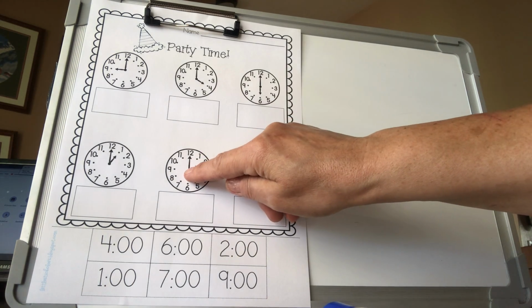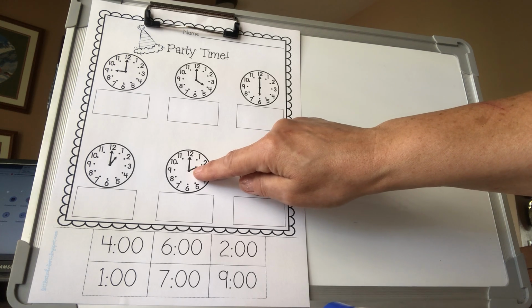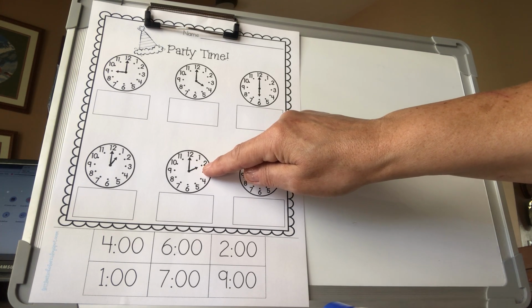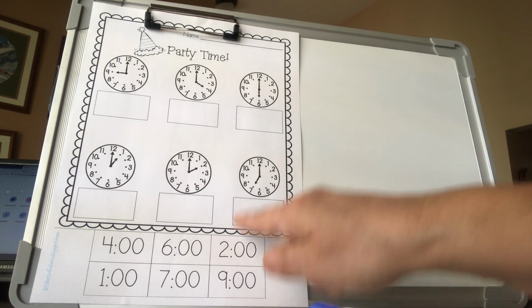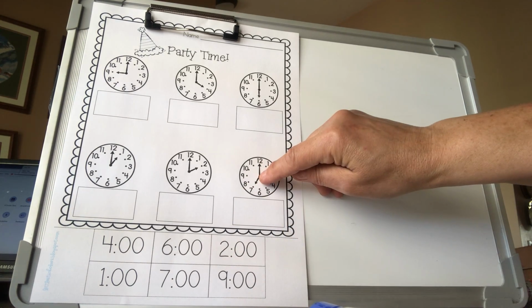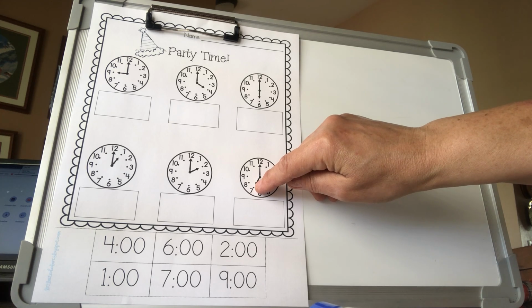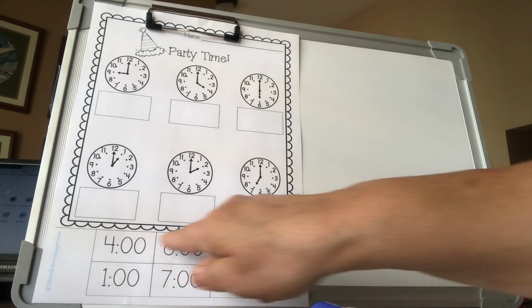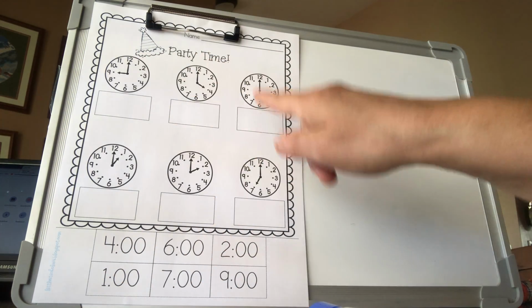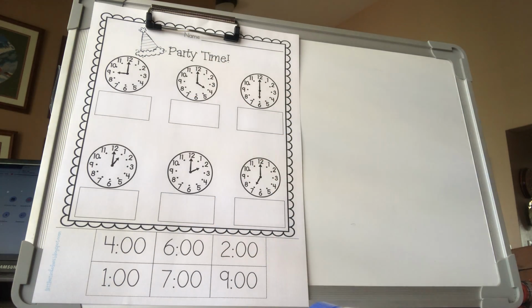The next one, the hour hand, the short hand, is pointing to the 2. So that makes it 2 o'clock. And the last one, the hour hand is pointing to the 7. So that is 7 o'clock. So you have to cut these and paste them in the correct places.